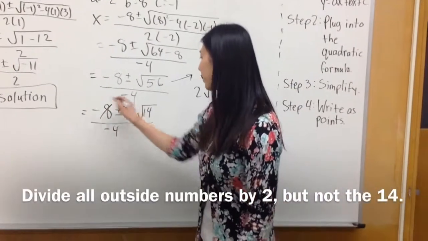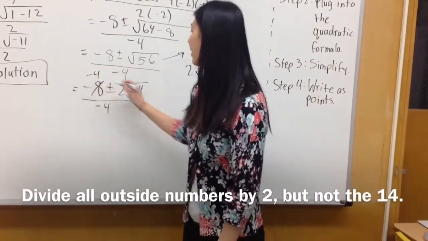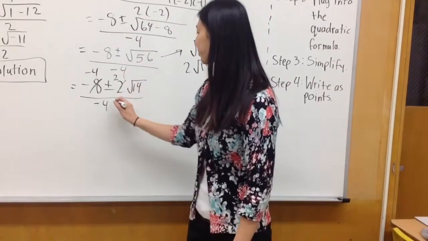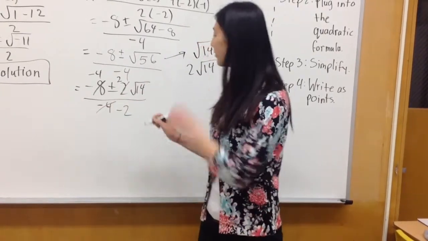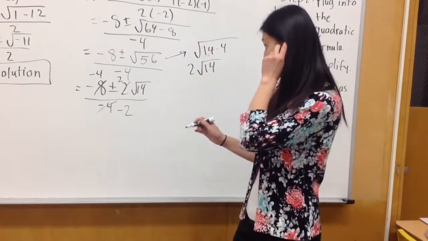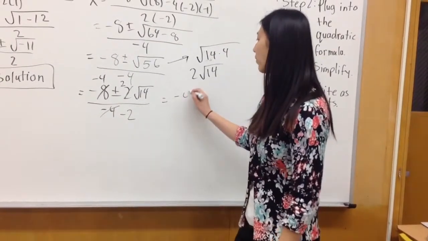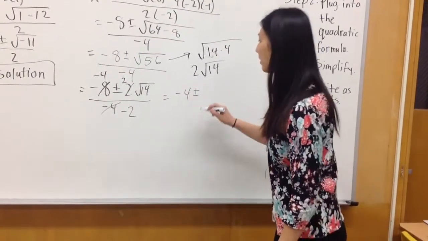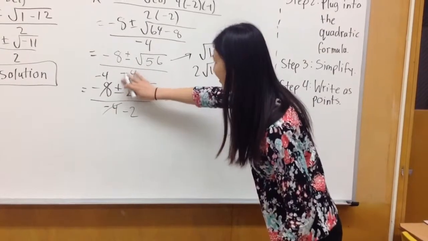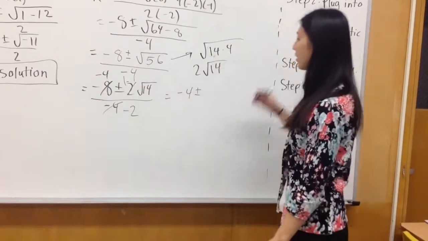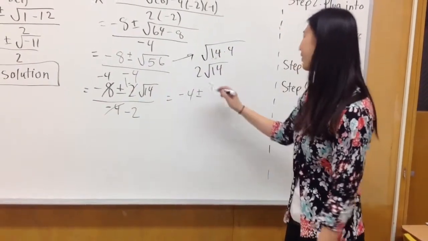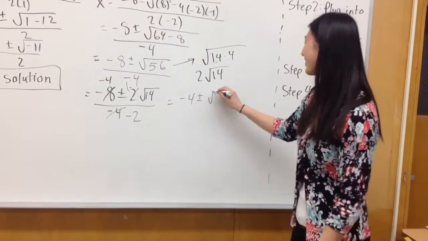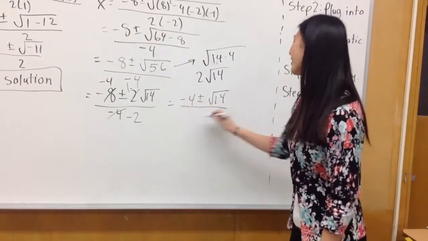So negative 8 divided by 2 gives me a negative 4. This divided by 2 just gives me 2. That divided by 2 gives me negative 2. So in total, I have negative 4 plus or minus, 2 divided by 2 gives me 1, not 2. Sorry about that. Okay, so negative 4 plus or minus the square root of 14 all over negative 2.